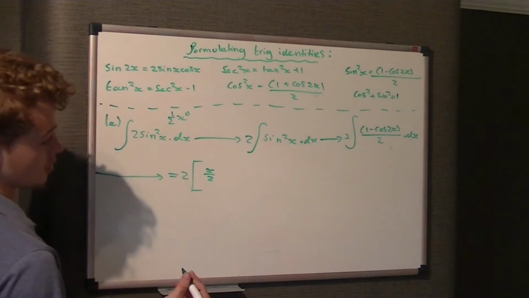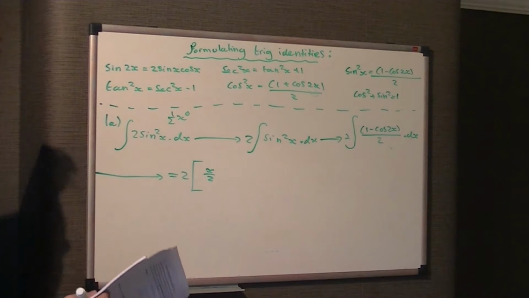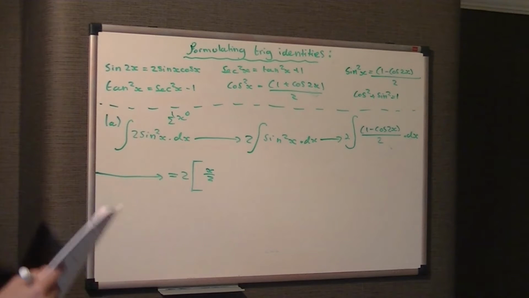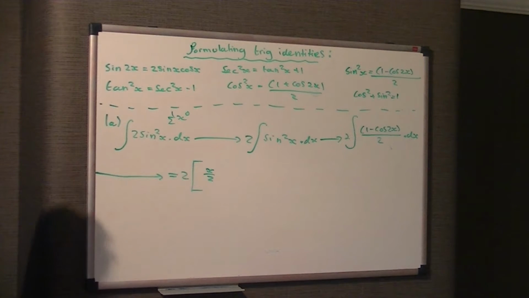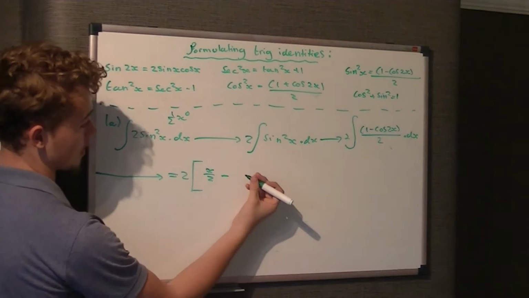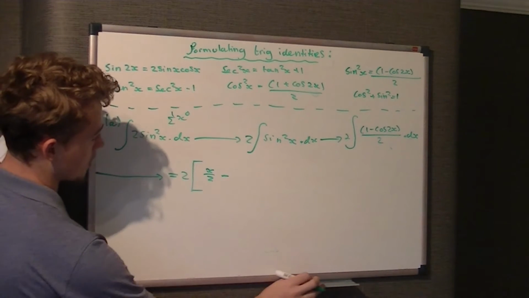Then you've got negative cos 2x over 2, so your negative cos 2x becomes minus, because the sign stays the same when you integrate cos, but it changes when you differentiate it because it's opposite, remember.